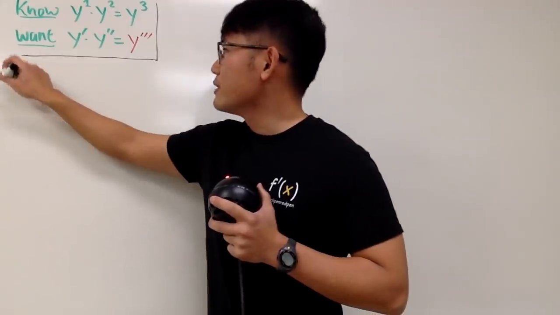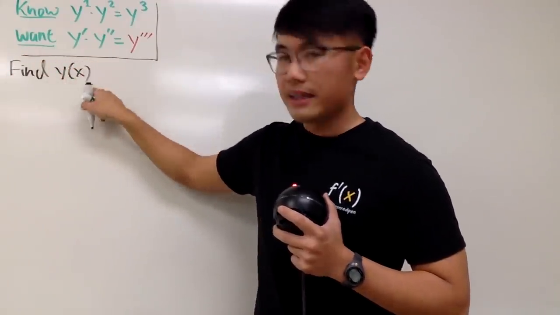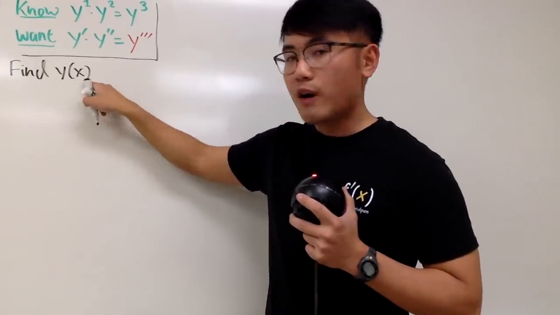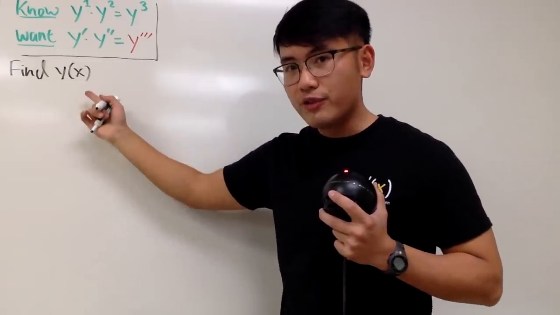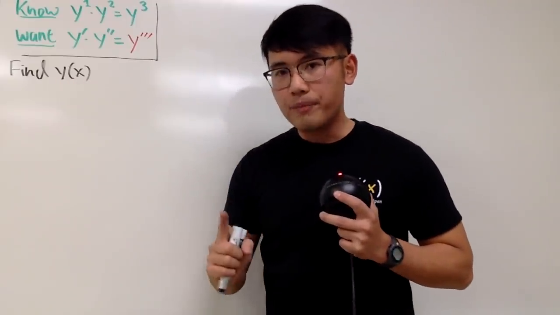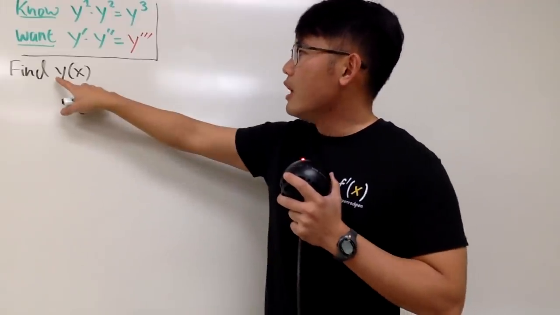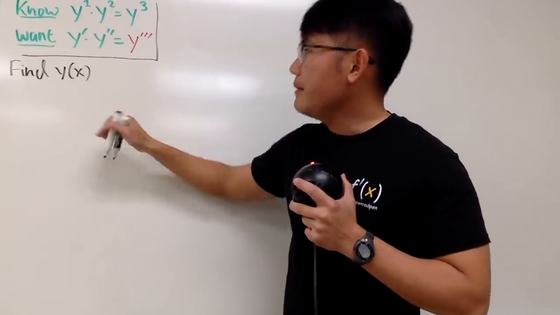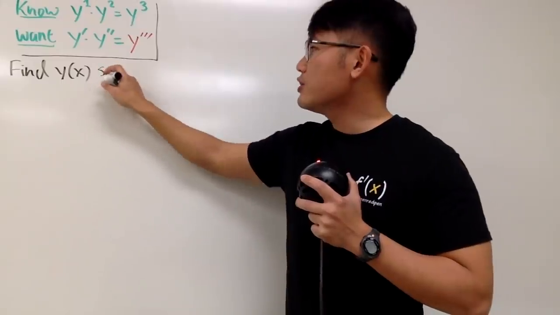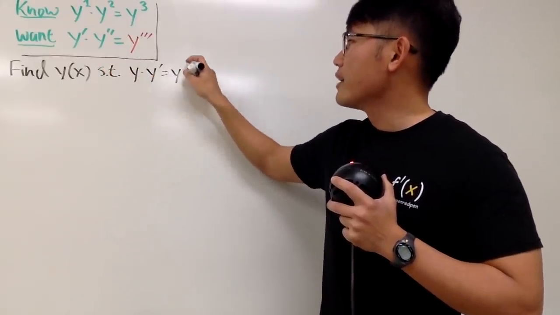My goal is first to find y as a function of x, like this. Again, y as a function of x. This is just my notation for that. And I'm going to assume that y is invertible. It has an inverse. That's going to be important later on. I'm going to find a y as a function of x such that y times y prime equals y double prime.